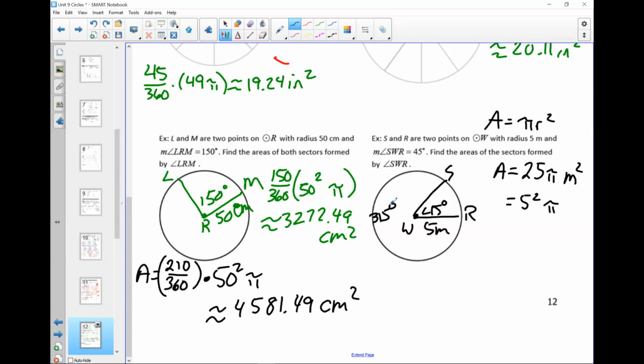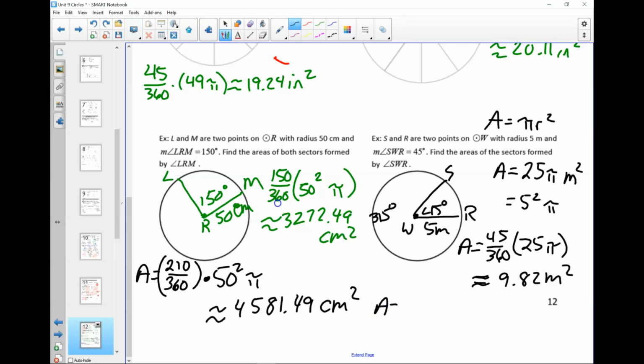Okay, so we will take, for the smaller sector that we're trying to find right here, 45 over 360 times 25 pi, which, after simplifying, gets us approximately 9.82 meters squared.